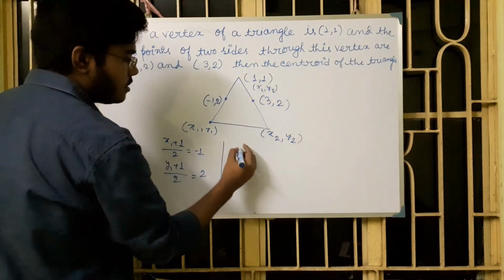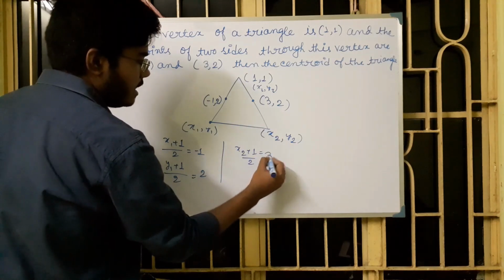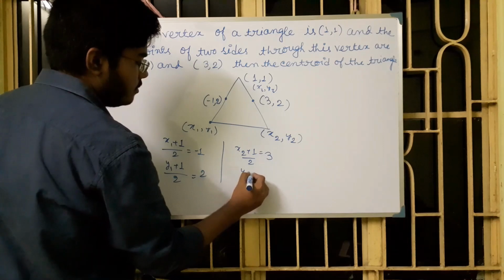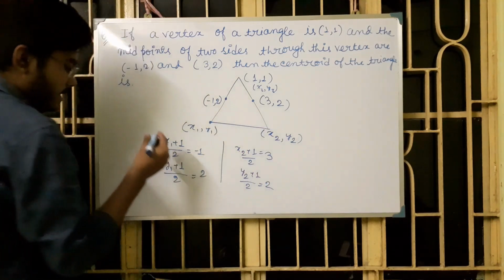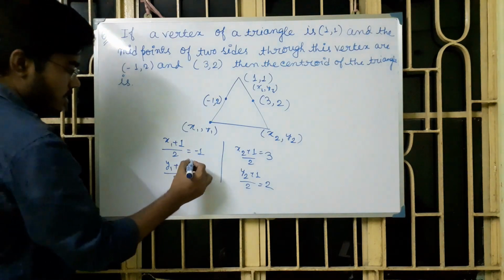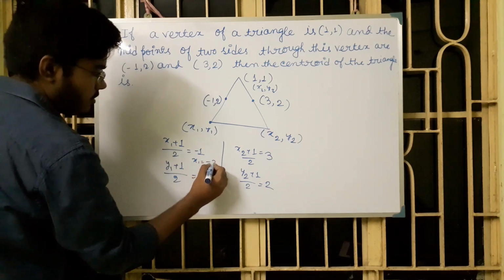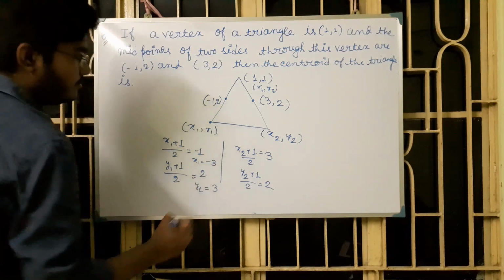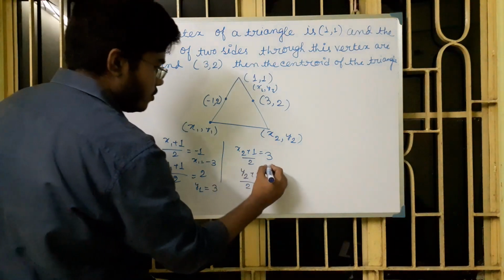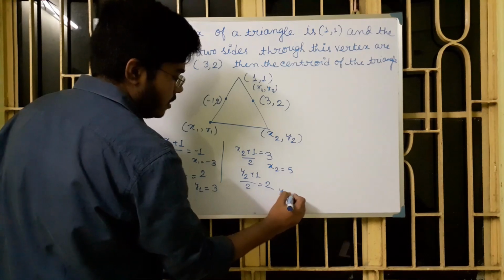Similarly, (x2 plus 1) by 2 equal to 3 and (y2 plus 1) by 2 equal to 2. The equations give us x1 equal to minus 2 minus 1, that is minus 3, and y1 equal to 3, x2 equal to 6 minus 1, 5, y2 equal to 3.